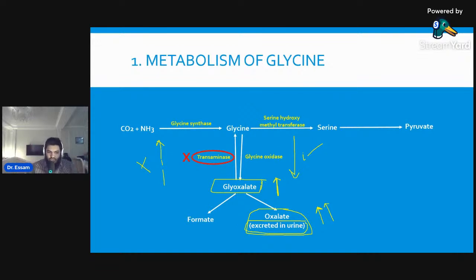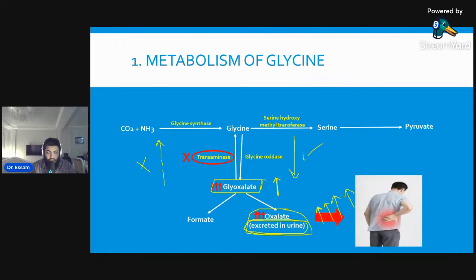The body wants to remove oxalate. But if there is too much oxalate, the kidneys will not be able to remove it, and the oxalate will accumulate in the kidneys, and there will be kidney stones. Okay, kidney stones will be caused, and those stones will be made of oxalate. And because of that, the patient will come to you saying, doctor, I have very severe back pain.